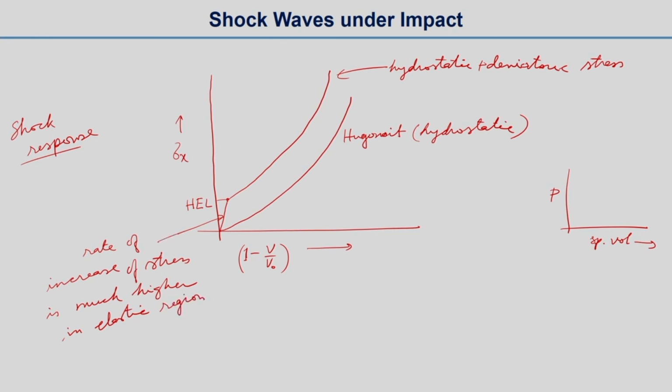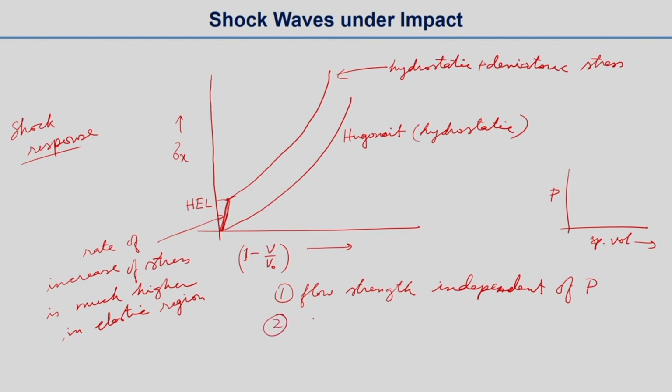And then there can be three cases here. The first case is that the flow strength of a material is independent of pressure P. So, this is, let us say, this curve.